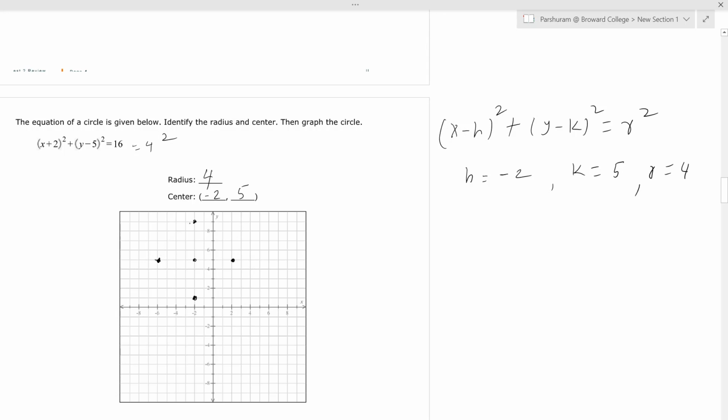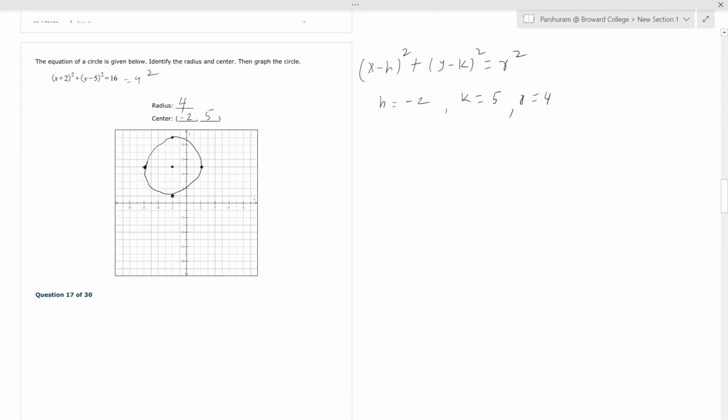Now we just have to draw a circle through these 4 points. That's a circle where the center is at (-2, 5) and the radius is 4. Okay, and that's problem 16. Let's go to the next problem, problem 17.